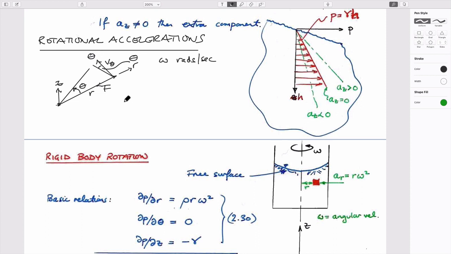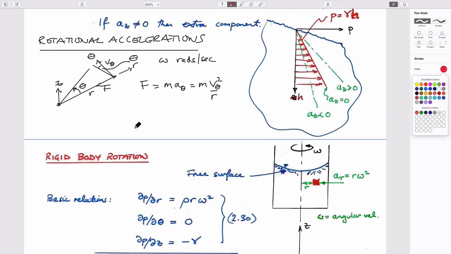And so what we could do is write out that force is equal to mass times angular acceleration, in this particular case. And we can write the acceleration as just v theta squared over r, I think. Yep. And then if we do as we did before, we divide both sides through by a volume.